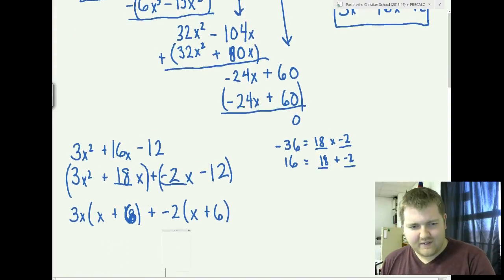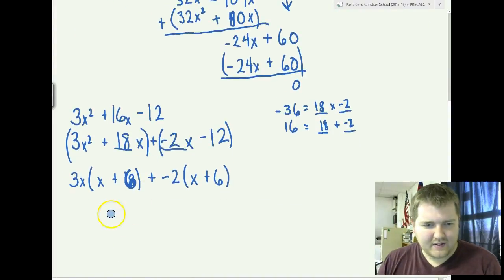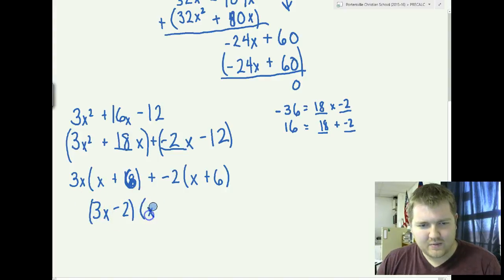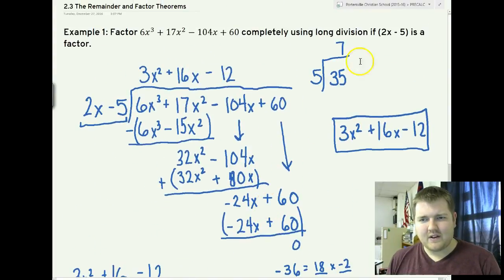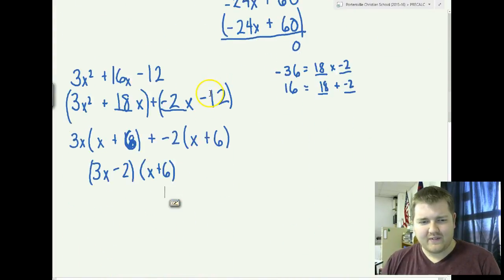So finally, when I factor that, I get 3x minus 2 and x plus 6. And don't forget the original factor that was given to us, which is 2x minus 5.